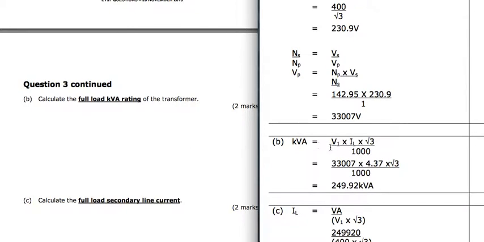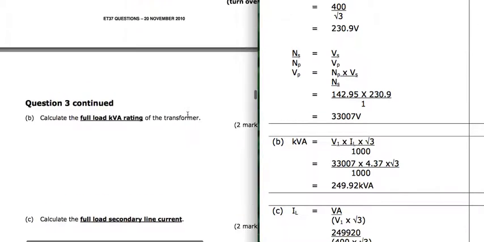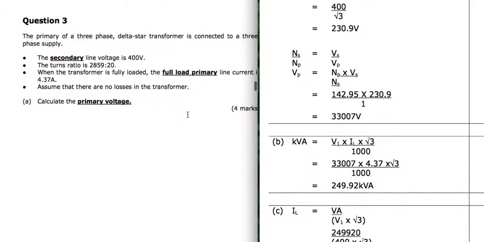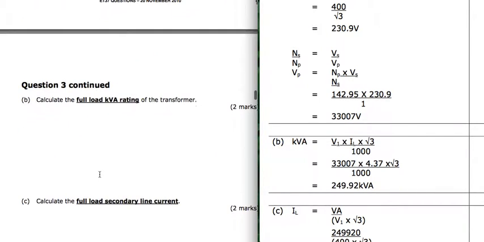So we've got our 33007, which is what we just calculated here, times our 4.37, which is our current from the question. It tells us 4.37, full load primary, and times root 3 divided by 1000. It gives us just under 250 kVA.